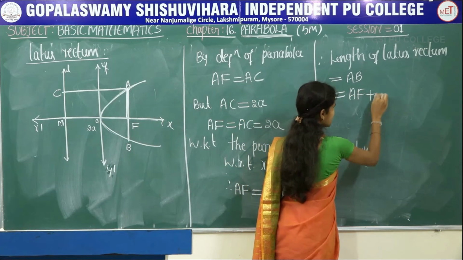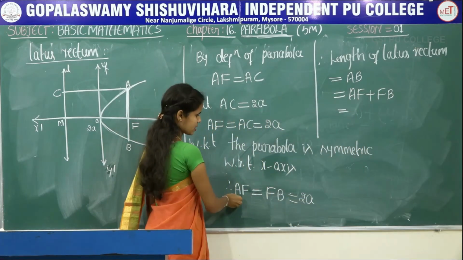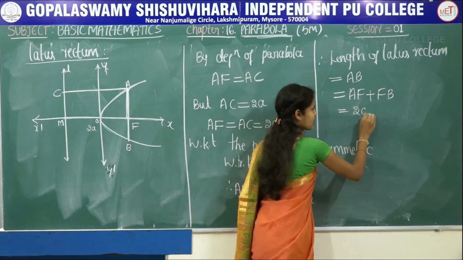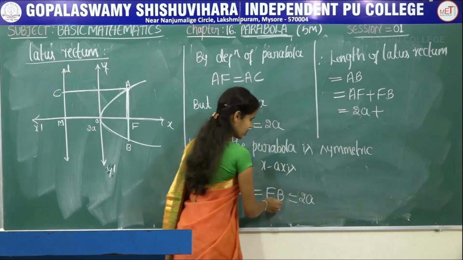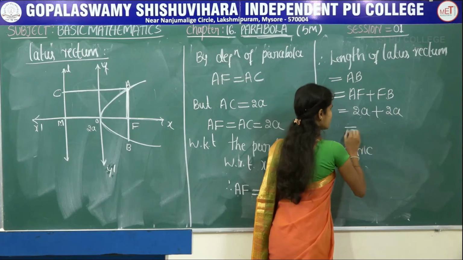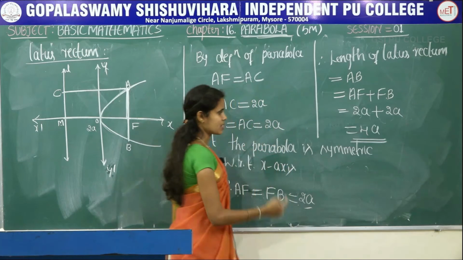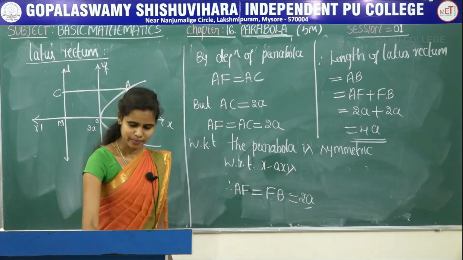AF is equal to 2A, and FB is also equal to 2A. Therefore 2A plus 2A is equal to 4A. So the length of the latus rectum is equal to 4A.